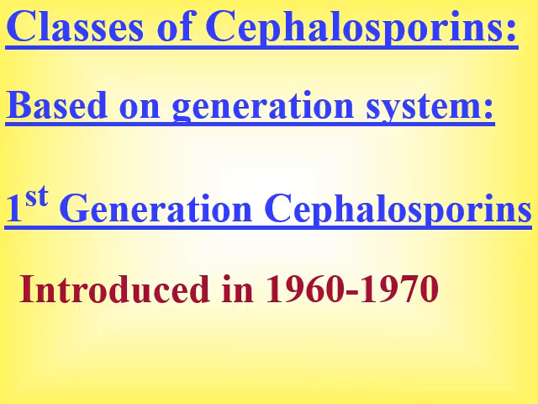What are the classes of the cephalosporin? They are based on generation. Before we speak about this, we need to say that cephalosporins have advantages over penicillin. What are these advantages?